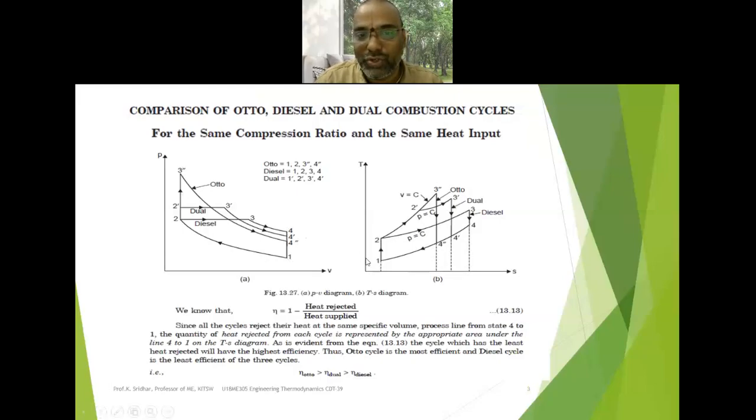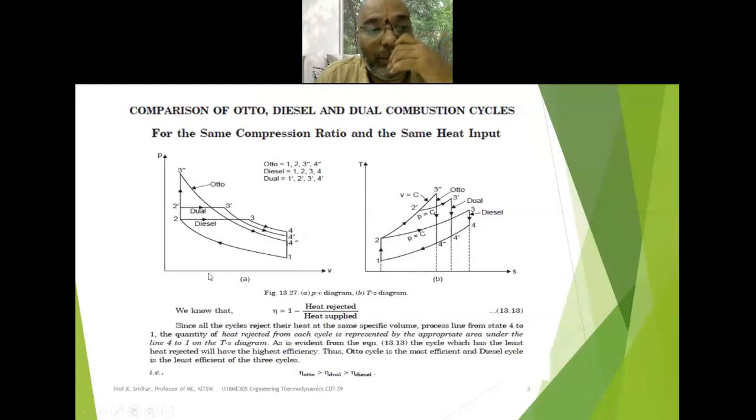So the compression stroke and exhaust stroke are similar for all these three cycles. Always keep these two important points in mind while you are drawing Otto, diesel and dual, that is, you are superimposing all these three cycles on the PV and TS diagrams.